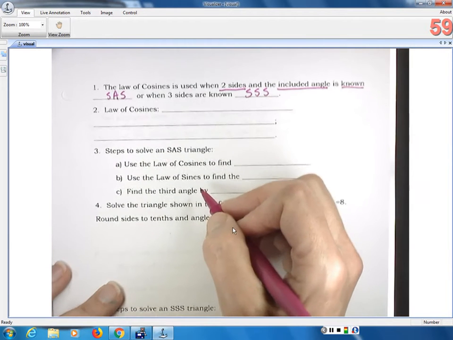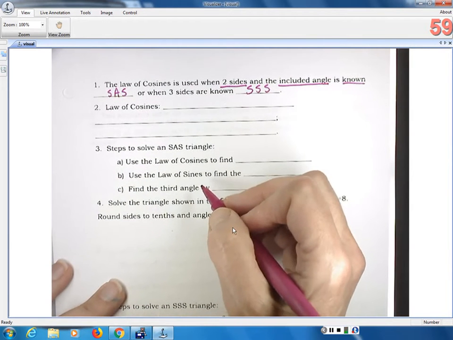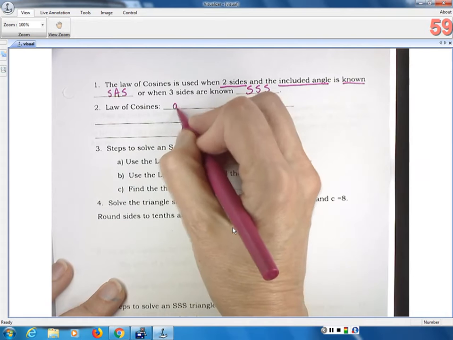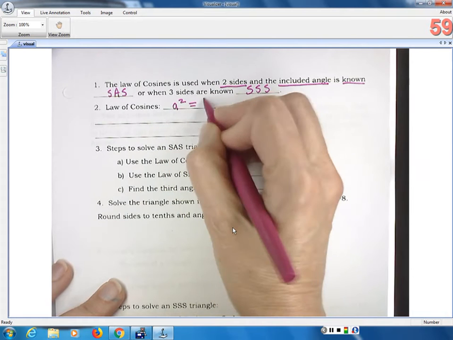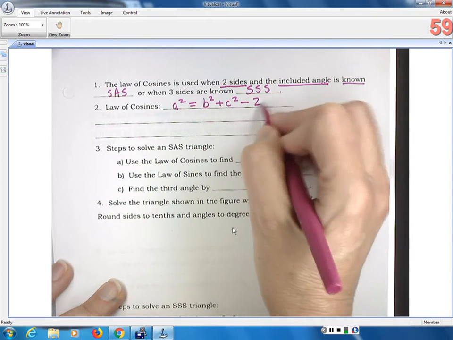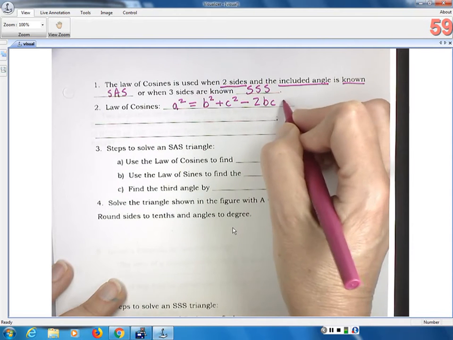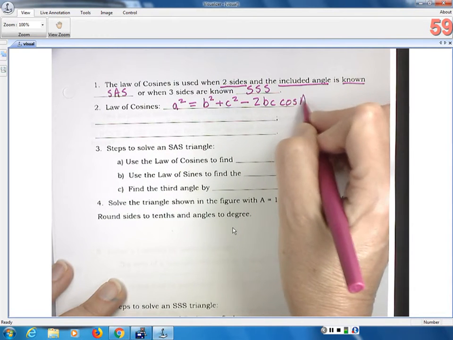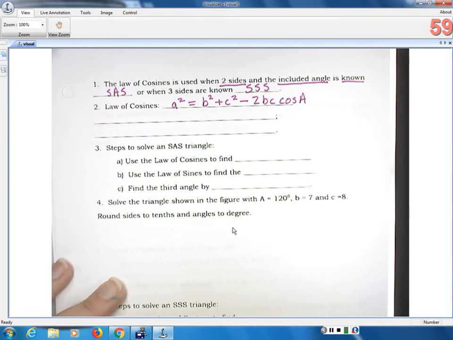So the law of cosines is a squared equals b squared plus c squared minus 2bc cosine of A. Okay?